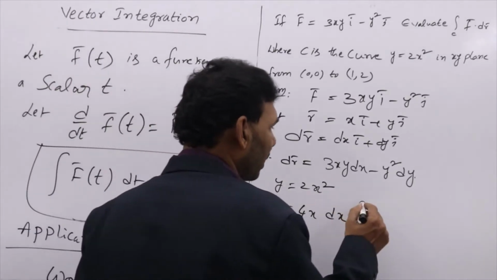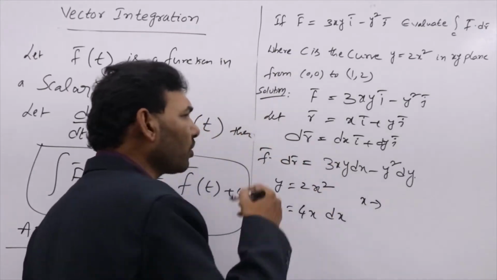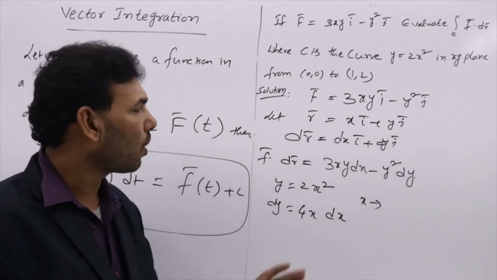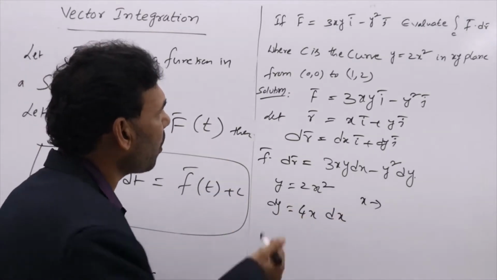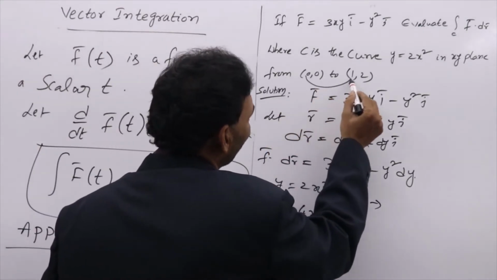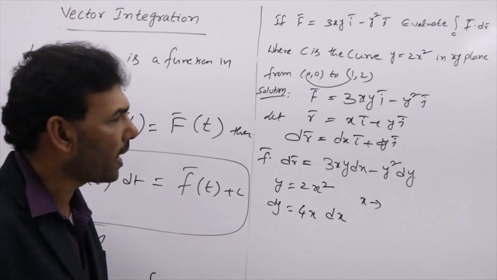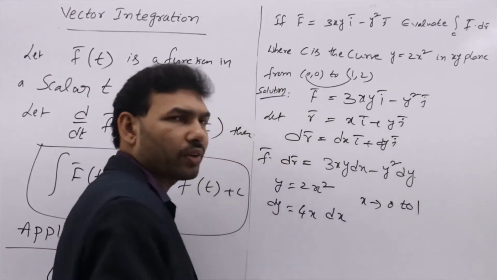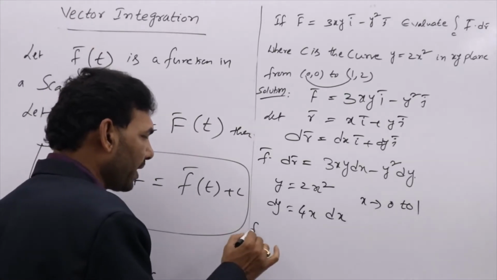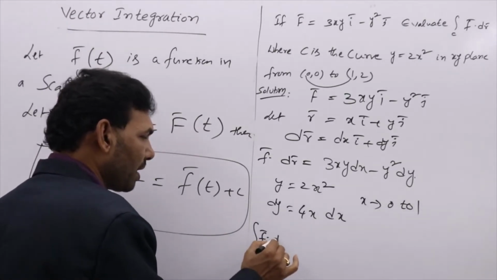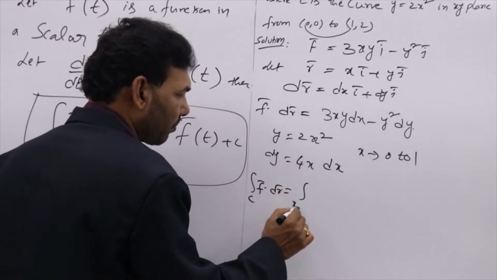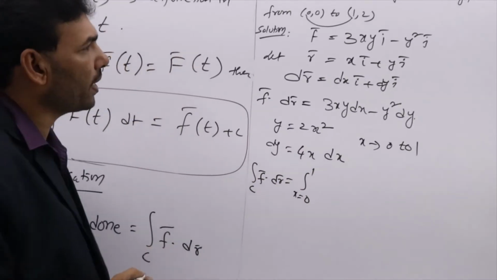Now coming to the limits, because I am converting the total integral in terms of x, I need x limits. From the given points, the x coordinate varies from 0 to 1. So the limits of x are 0 to 1. Now we are going to evaluate integral over c f bar dot dr bar in the given limits. Integral x equal to 0 to 1.